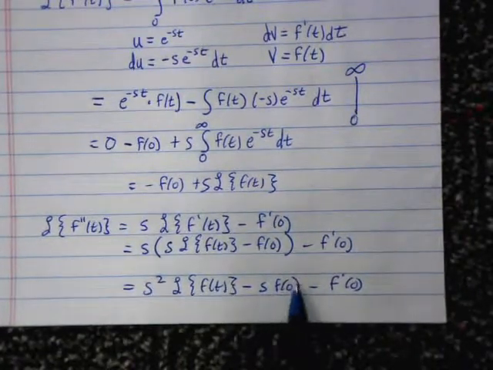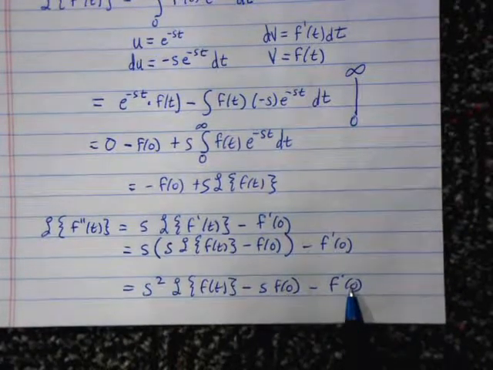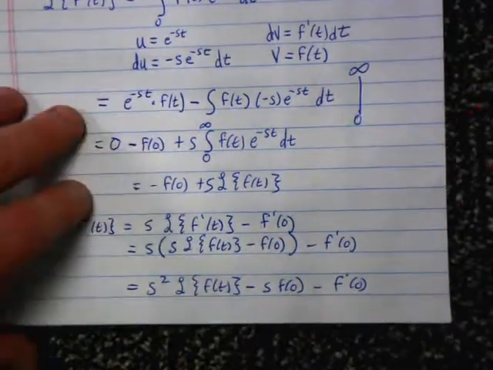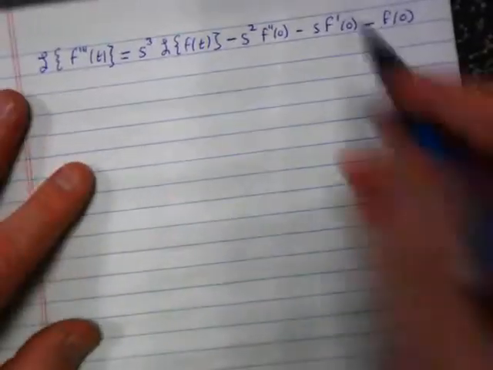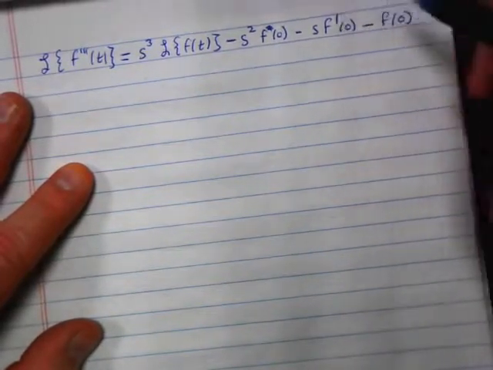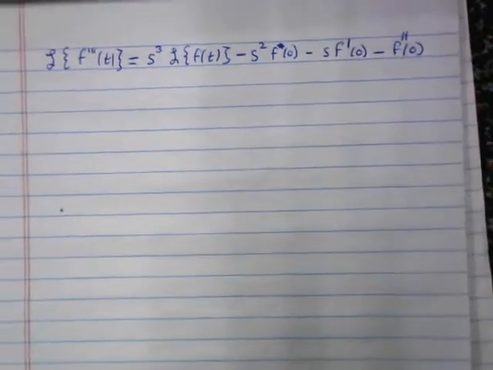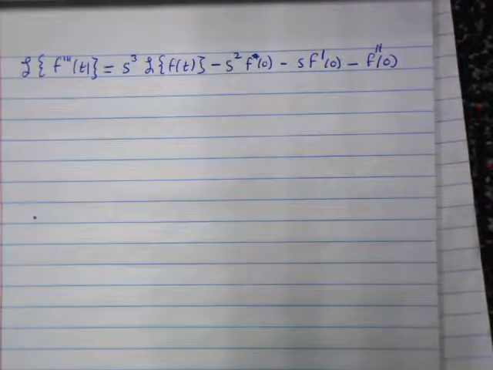And then notice you start with f of 0 here, and then your derivatives start to go up. So we got it backward. This one should be f, this one should be f prime, and this last one should be f double prime. The s's go down in powers, the derivatives go up in powers.